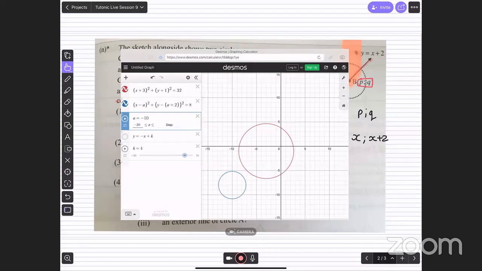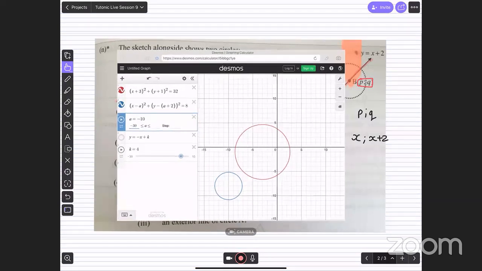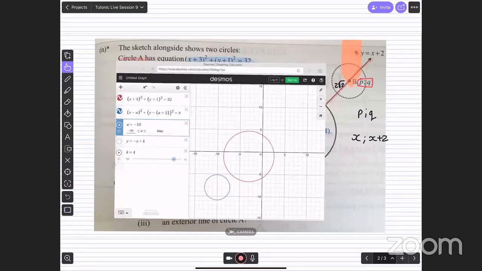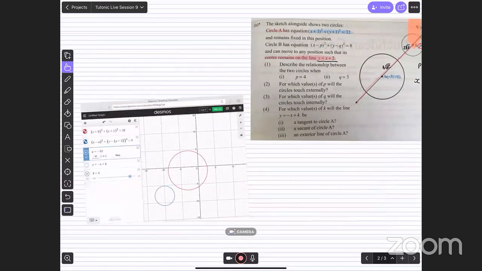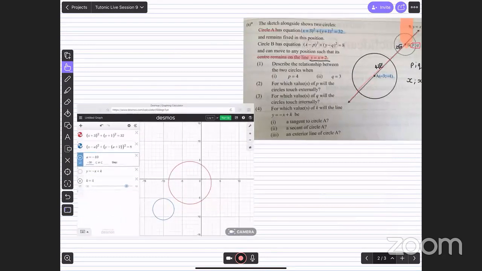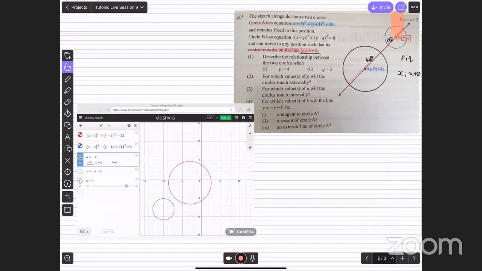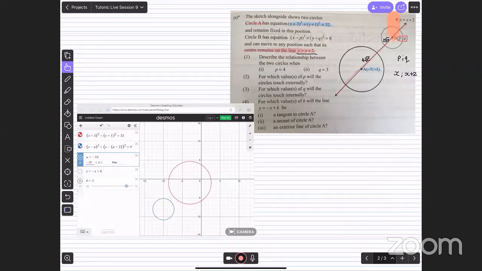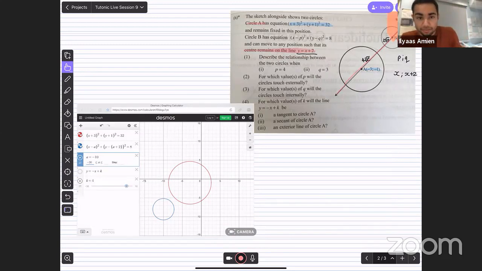So when P is equal to 4, that means that your x value will be 4. And because that point lies on the line y is equal to x plus 2, y will be equal to 6. So the center will be (4, 6).